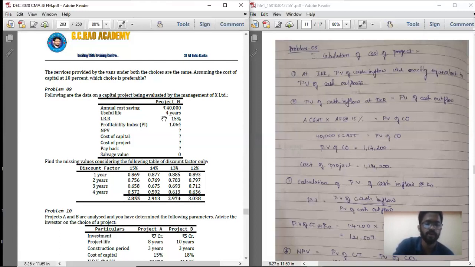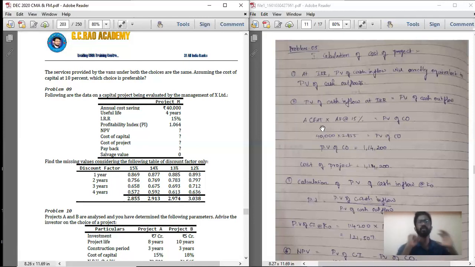So annual CFAT into the annuity factor at 15% for 4 years gives the present value of cash inflow at IRR, which is equal to the present value of cash outflow.